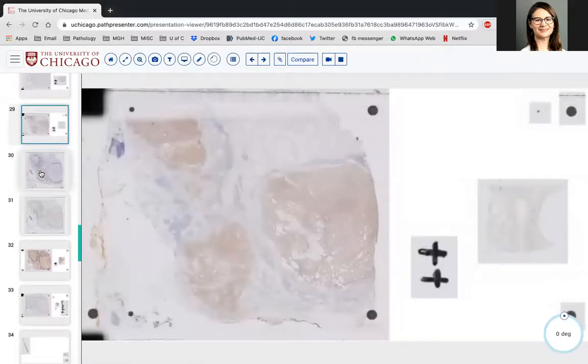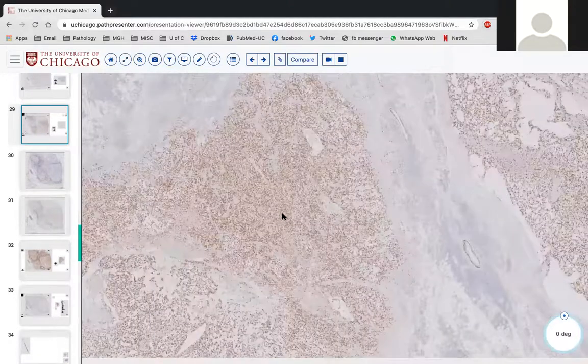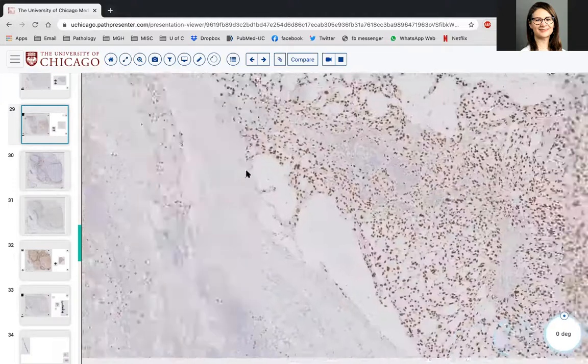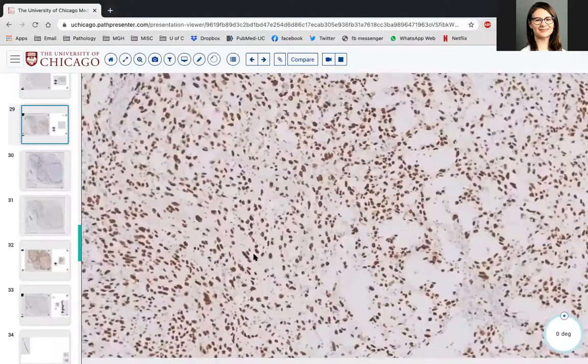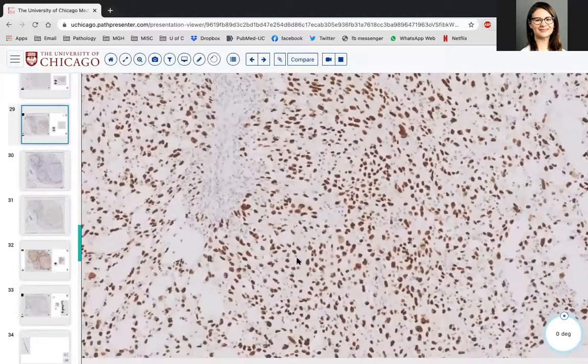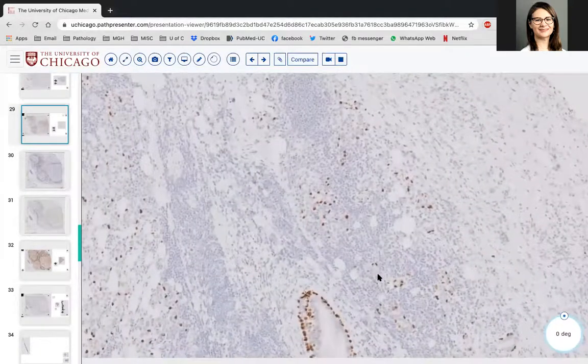All right, and I think this is, is this a P63 next? I think so, yeah, that is. Yes, P63. Thank you. So, P63 tends to be stronger than P40 in a lot of instances, but also less specific.